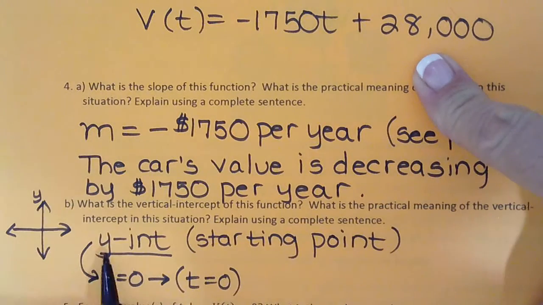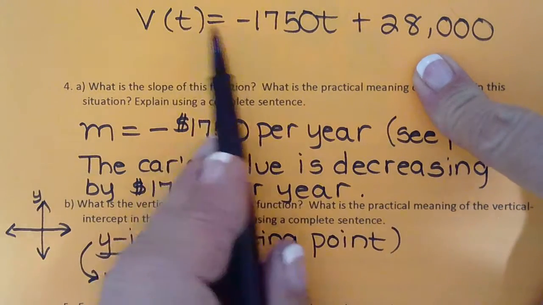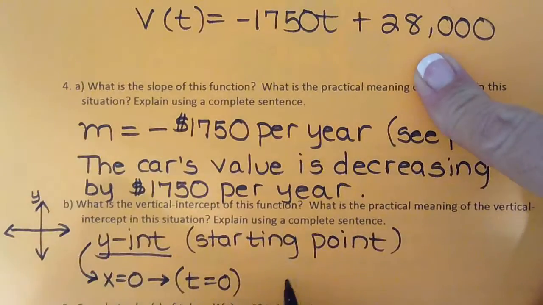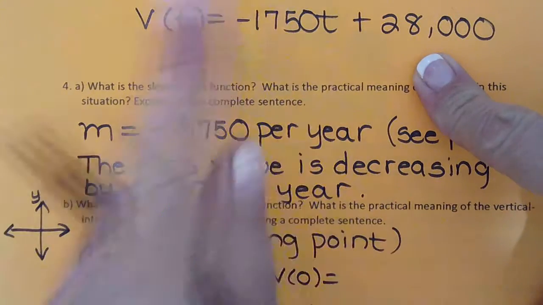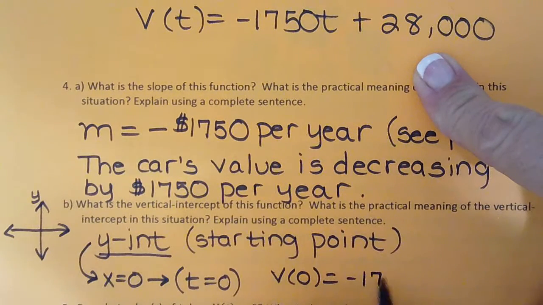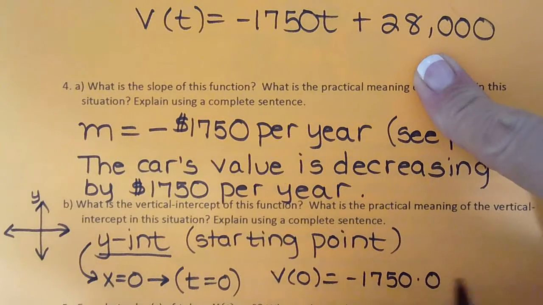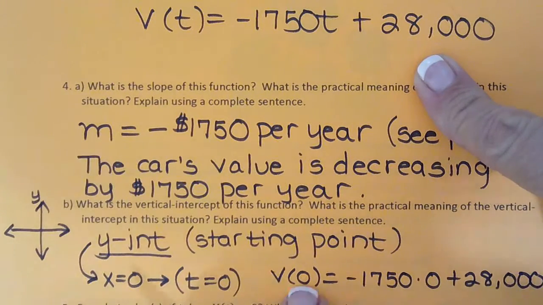So we know to make x 0, which means make t 0, so v of 0 equals negative 1750 times 0 plus 28,000. This is my x, and this is going to go away.